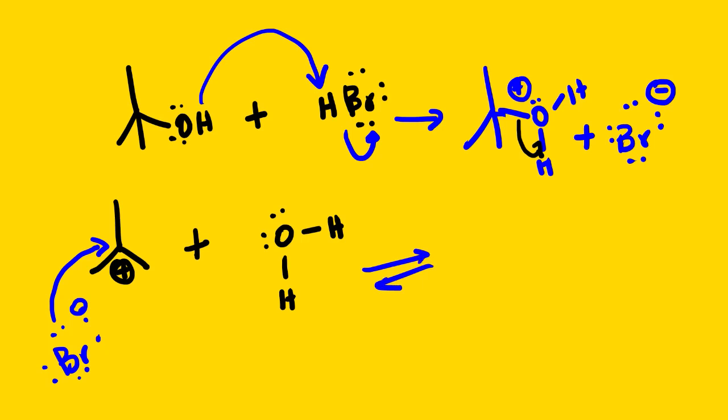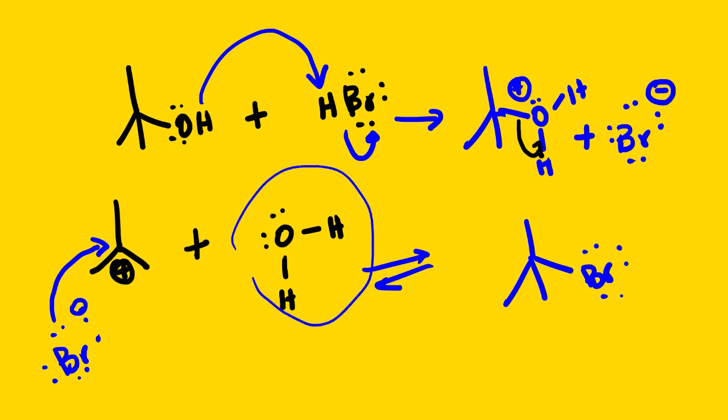And then we have Br plus this water here that we have. So you can see that this is an alkyl halide, and then we have water. Now the moment we have a rate limiting step, this will probably be SN1.